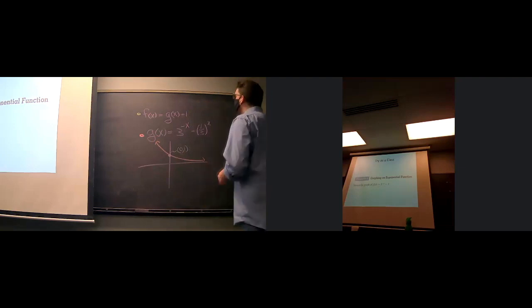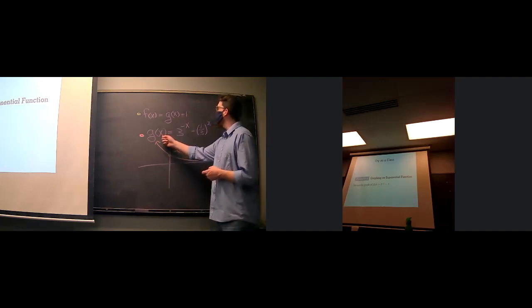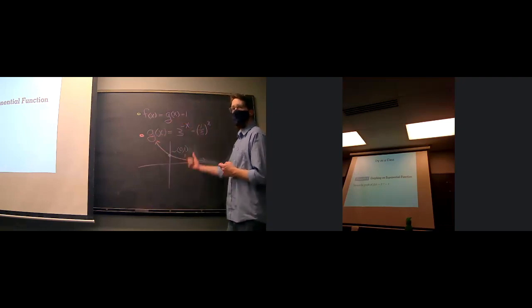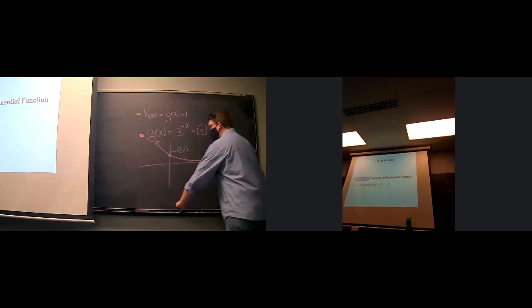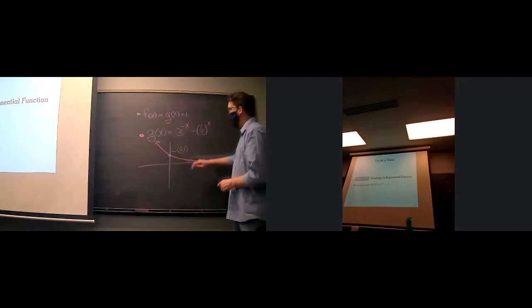Now, for those of us who remember anything about the simple transformations of graphs of functions, we'll remember that if we have a function and add or subtract from it, we're just going to move it up or down, right? So here, we're just shifting our function down by 1 unit, right?